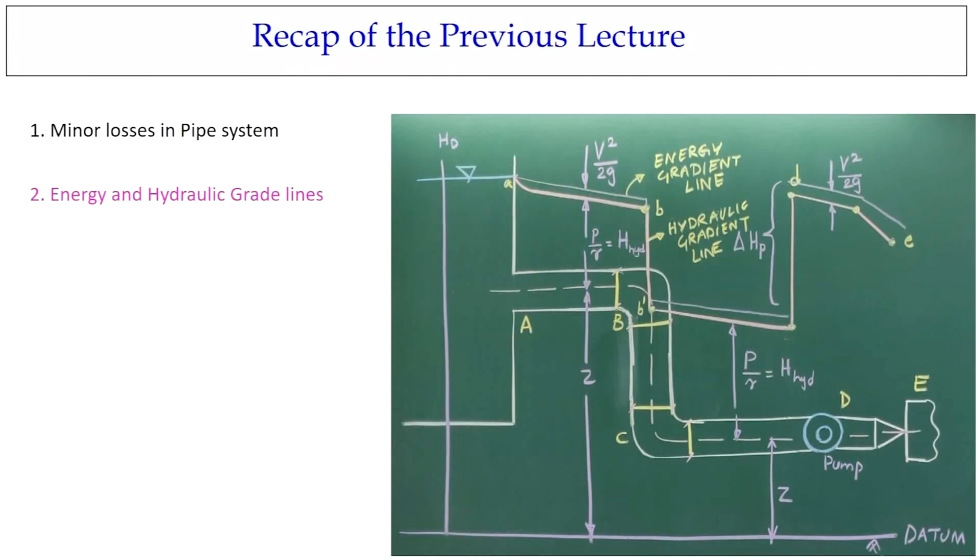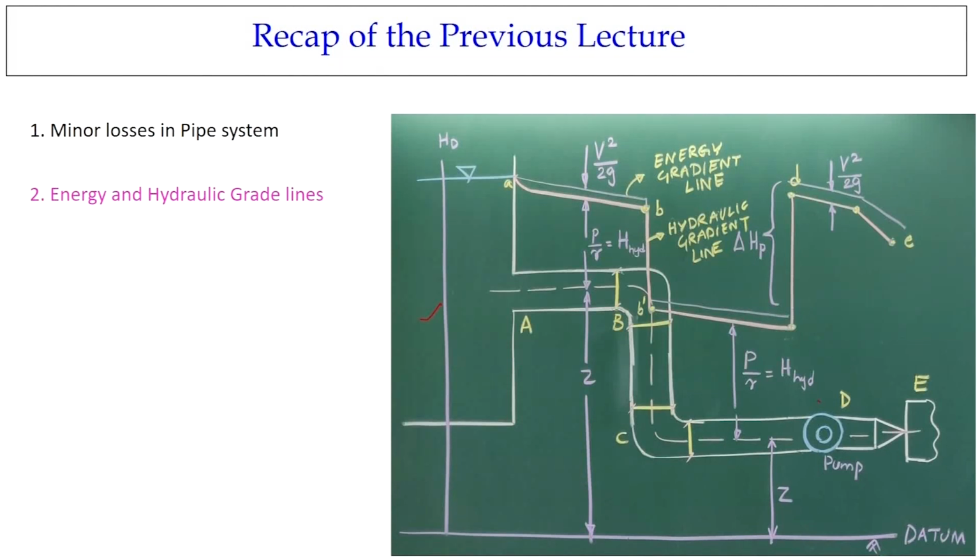Now, let us come to the recap of the previous lectures. As shown in these figures, whenever you have any pipe flow components, like pumping systems and reservoirs, please draw the energy gradient line and the hydraulic gradient line.